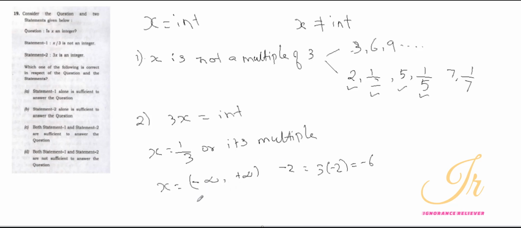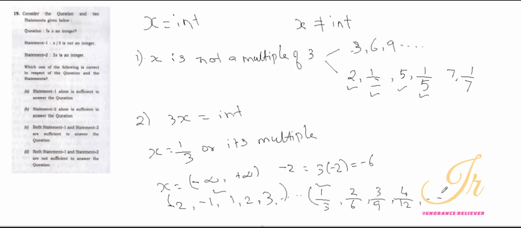So from this, it can take the values of minus 2, minus 1, 1, 2, 3, etc. And also 1 by 3, 2 by 6, 3 by 9, 4 by 12, all the fractions. So this also has an integer as well as a fraction. So we can't tell whether x is an integer or a fraction.